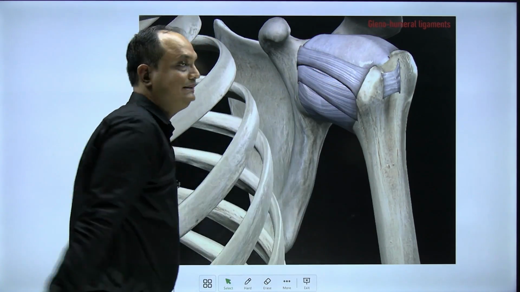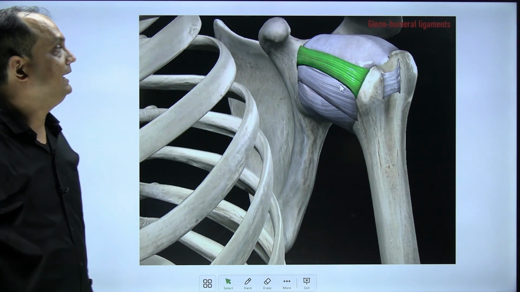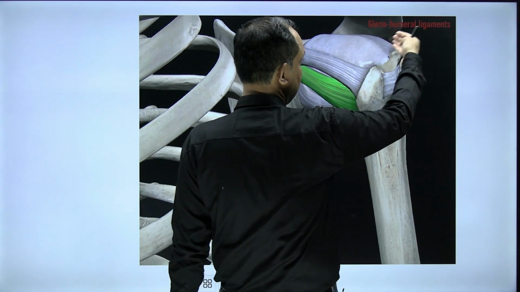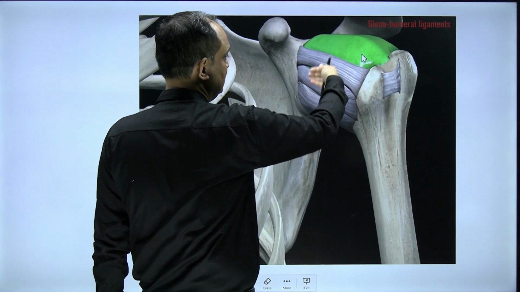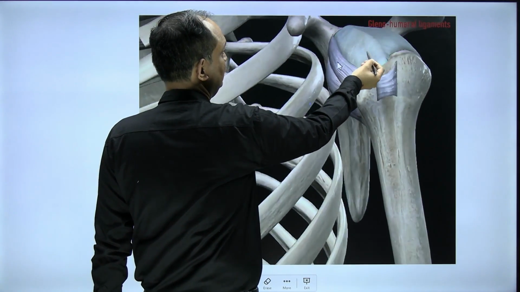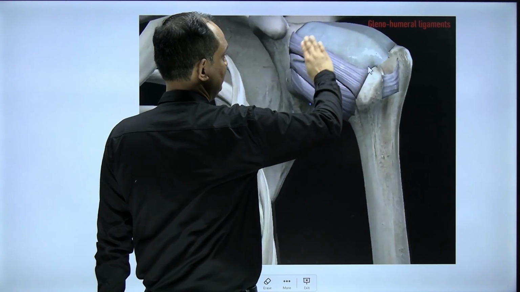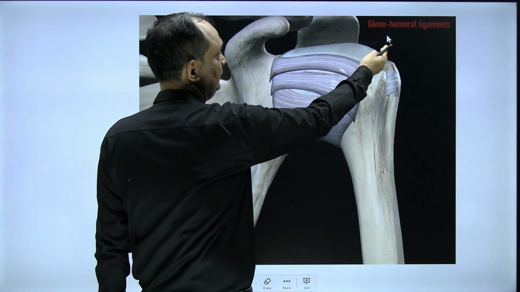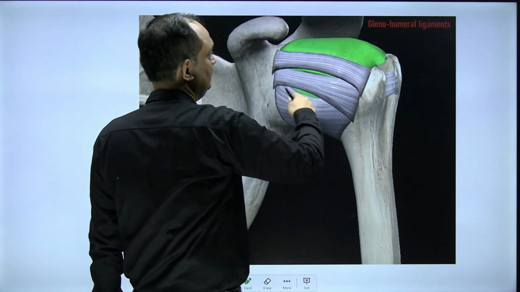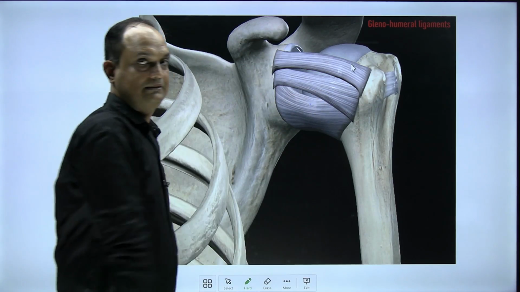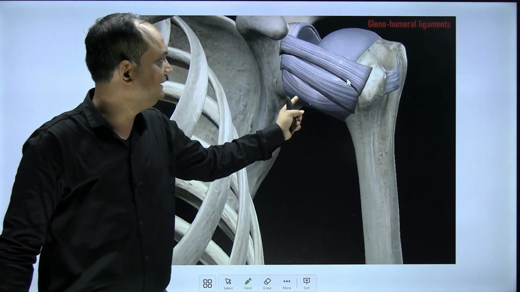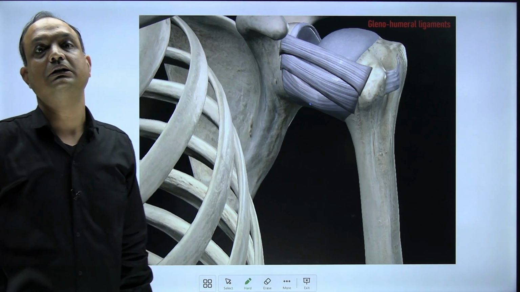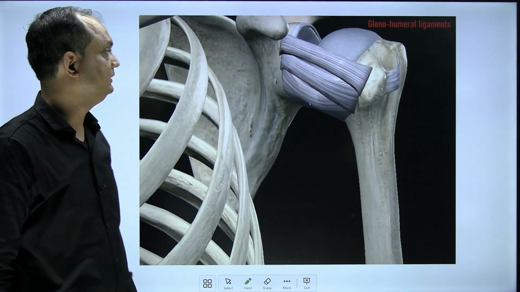These bands can be visualized only by doing the dissection from the posterior side, and when you do that, you can see the inner thickening, because this is the synovial membrane, and outside the synovial membrane you will have the capsule. Once you remove the synovial membrane from the posterior side, you can see the thickenings which are a prominent feature on the inner side of the anterior aspect of the capsule.